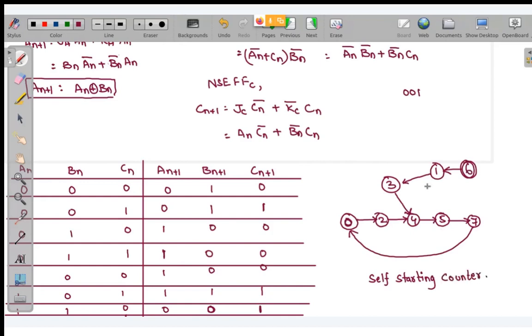And residual clock pulse, what do we mean by residual clock pulse? Residual clock pulse is the maximum number of clock pulses required for your counter to go from an unused state to a used state. So you can see if we start from 6, this will take 1 clock pulse.